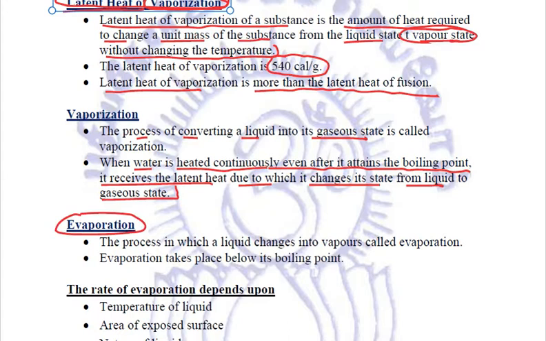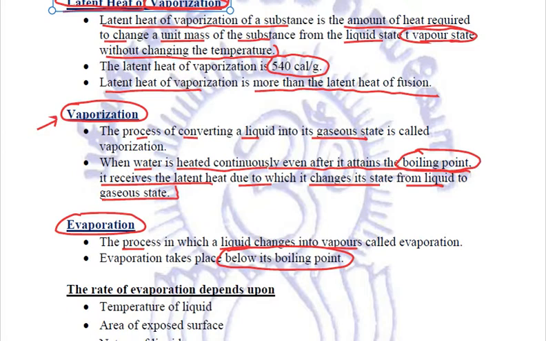This is also the process in which a liquid is changing into vapors. So what is the difference between vaporization, which is also called boiling, and evaporation? Both processes are the same, in that a liquid is getting converted into vapor. So where lies the difference? The difference is that in vaporization, a liquid is converted into gaseous at a particular boiling point, whereas in evaporation this liquid is getting converted into vapors below its boiling point.